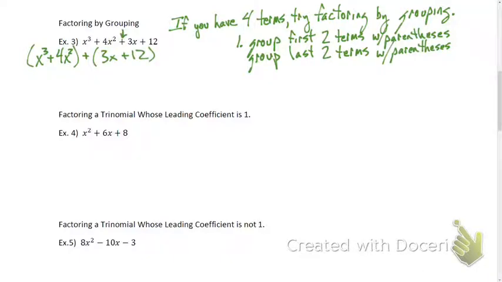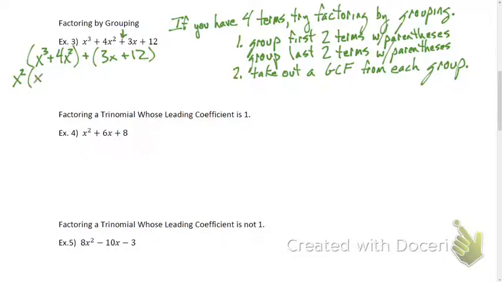All right, step number 2. Take out a GCF from each group. So GCF in the first group, they both have an x. Go to your smallest exponent, and I can take out x squared. Then write the leftover. We still have 1x in that first term, and I still have a 4 in that second term.